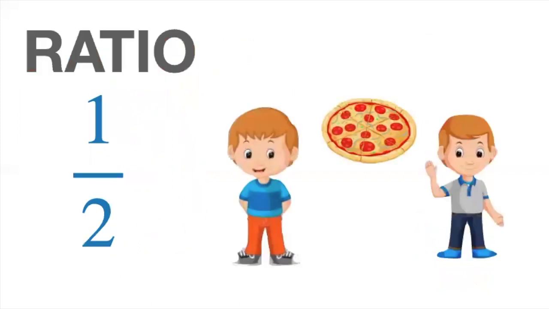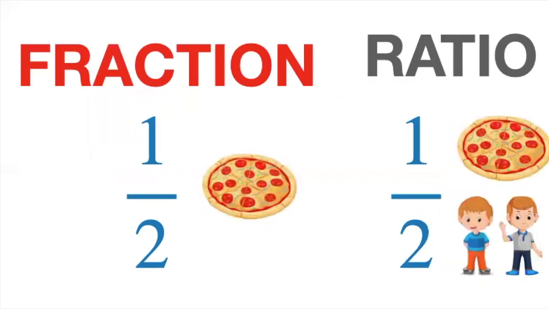Let's now have an example here for ratio. So when we say 1/2, for one pizza, there will be two people who will be sharing it. In fraction, we refer only to one pizza. But in ratio, we refer to the pizza and people, two different things.